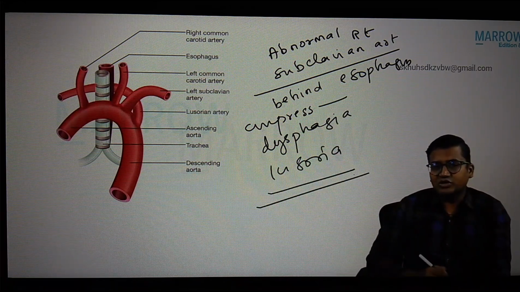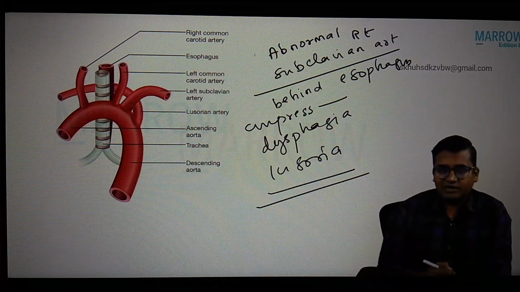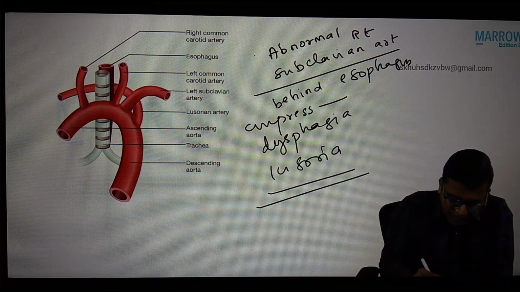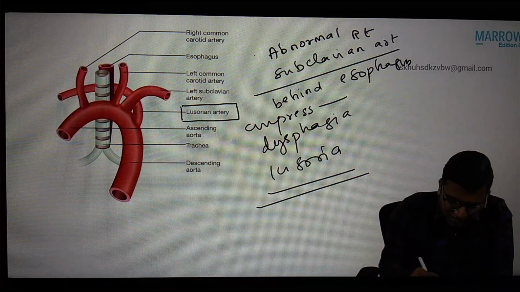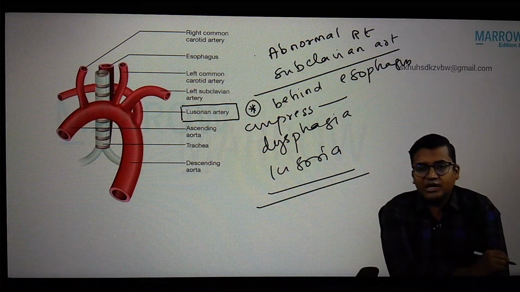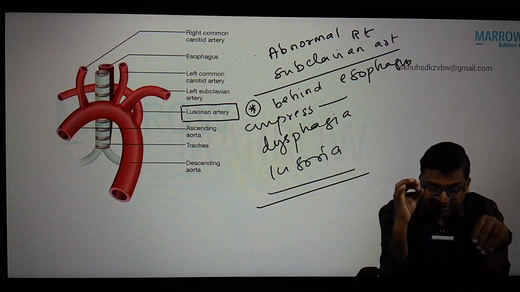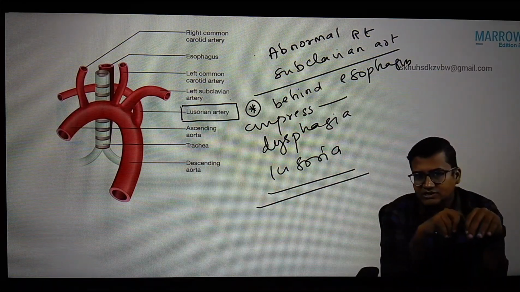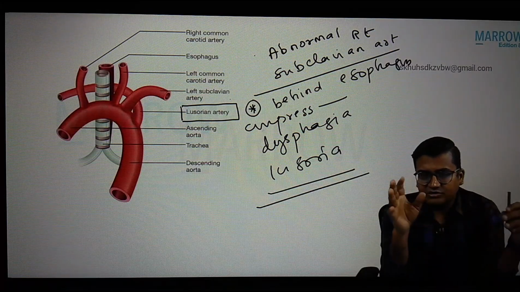So dysphagia lusoria is due to the abnormal right subclavian artery, which is also called the lusorian artery. Another expected question: which of the following is called the lusorian artery? The abnormal right subclavian artery is called the lusorian artery. Is that clear? Any doubt?